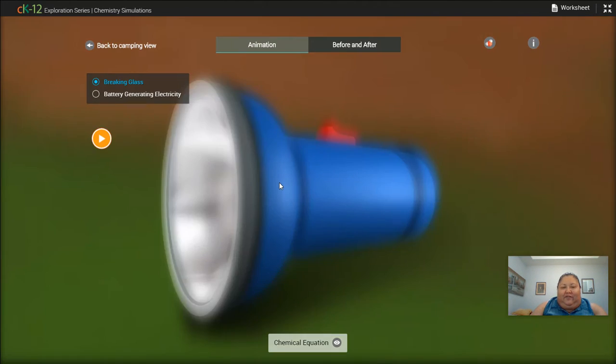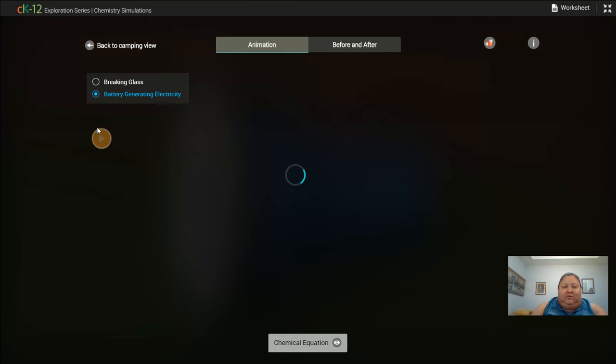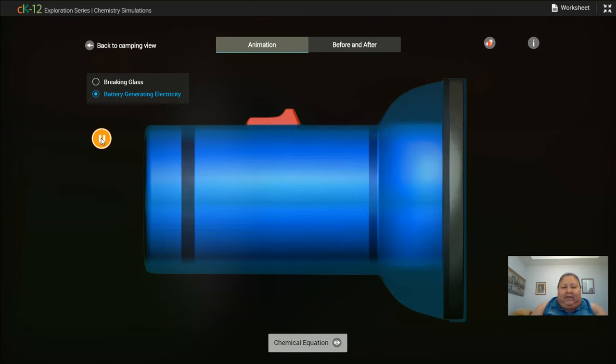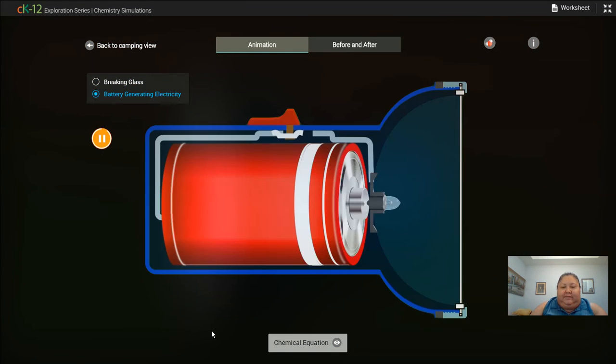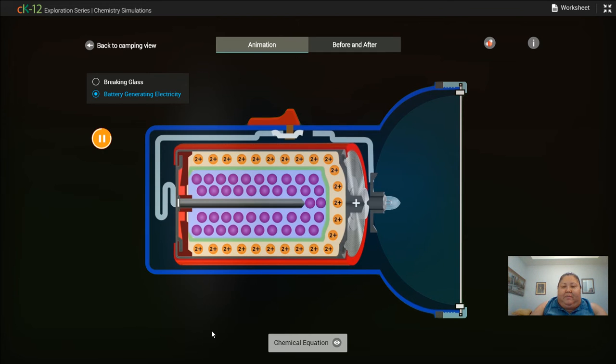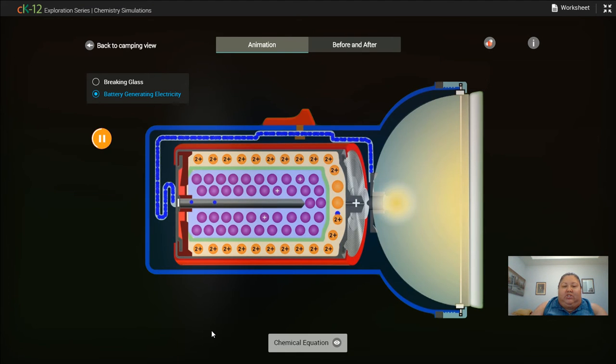Let's look at the flashlight. And I want to show you this one because glass breaking, I think, is too easy for you guys. So here you have your battery. You hit the switch. It connects the circuit and you have a transfer of electrons, right?